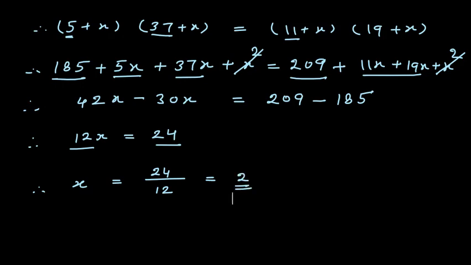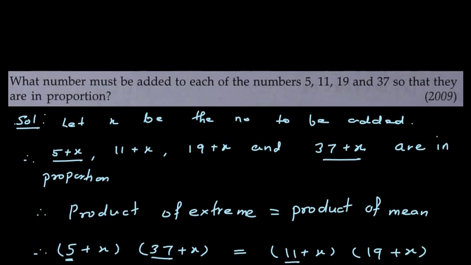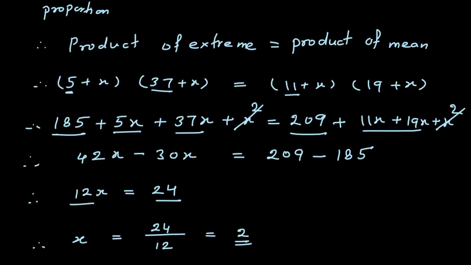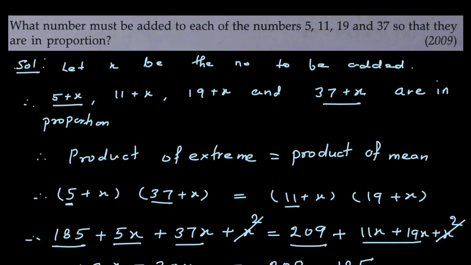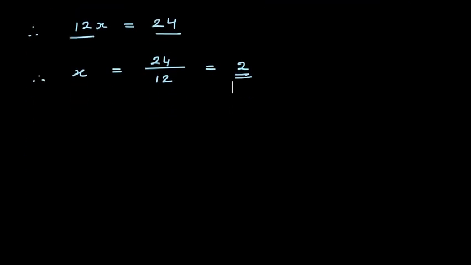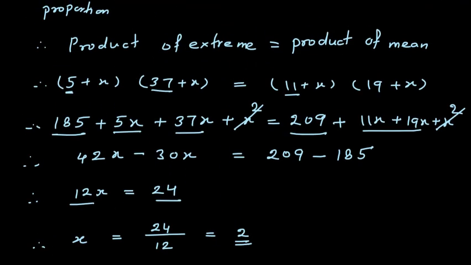So the value of x is 2, right? Simple. So I will say that 2 must be added to these numbers so that they are in proportion. So therefore I will say required number is 2. That is 2 I have to add.